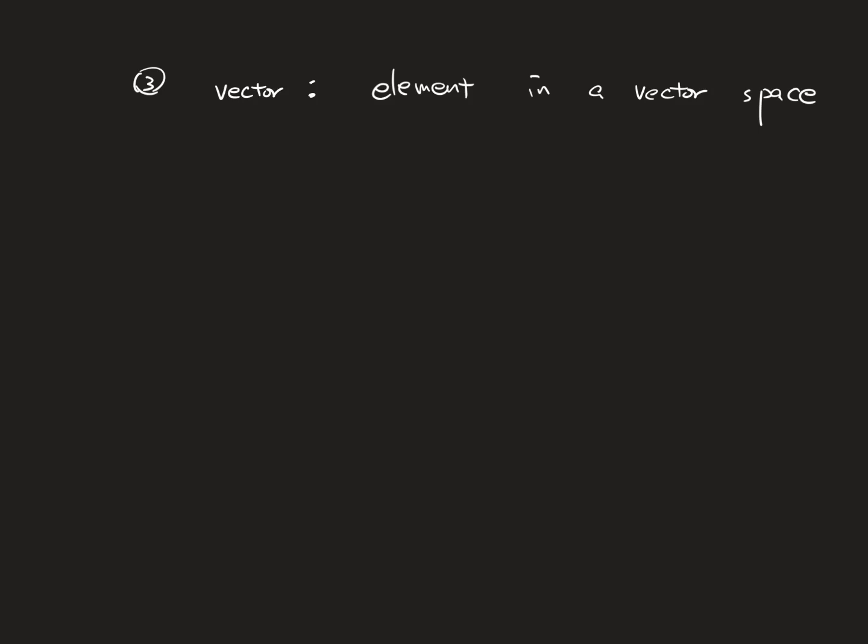Usually in high-level mathematics, I think maybe sophomore or junior in university, when you define vector it is just an element in a vector space. So anything could be a vector. If we define a vector space, then any element in a vector space could be a vector.